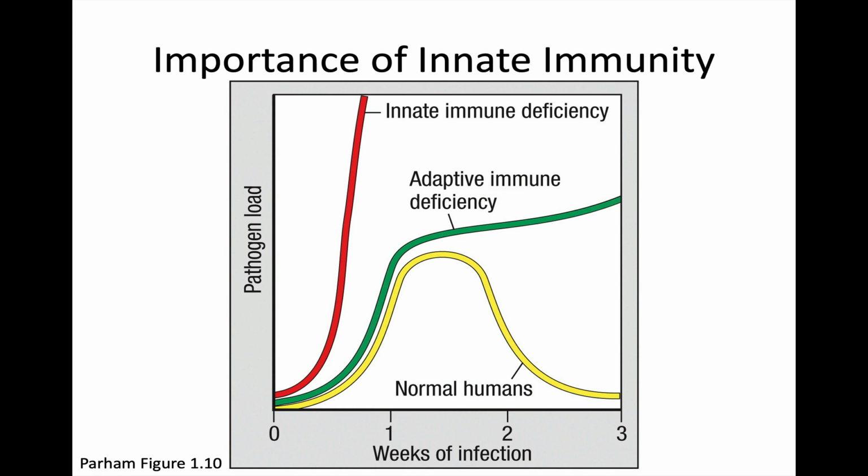It would never get stopped, not even at some nice peak level. So even though some parts of the innate immune system don't have the bells and whistles that people get excited about with adaptive immunity, you wouldn't be alive without it. So it's important to understand.